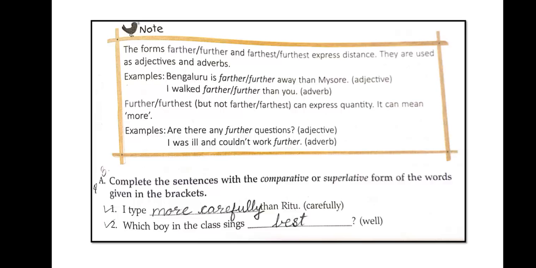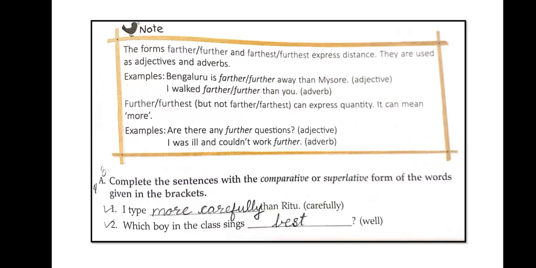We have an example: Bengaluru is farther or further away than Mysore. Here we have used it as an adjective. Next one: I walked farther or further than you. Here we have used it as an adverb.